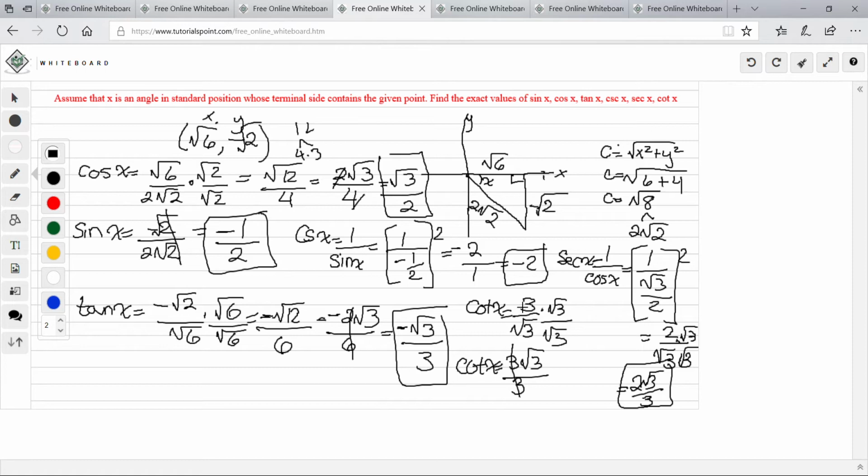Don't forget the negative. So you're left with negative root 3. Okay, good. Now we found all 6. Let's do another one.